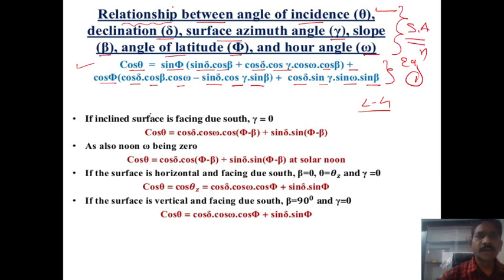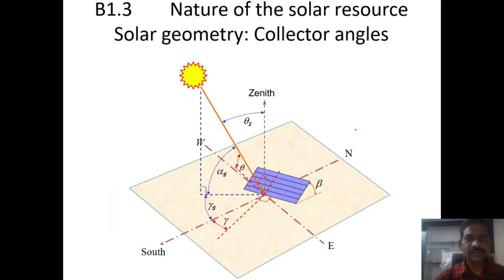Here we have to consider some cases. The first case: the inclined surface is facing due south. This inclined surface is our collector, and it is facing toward the south direction.